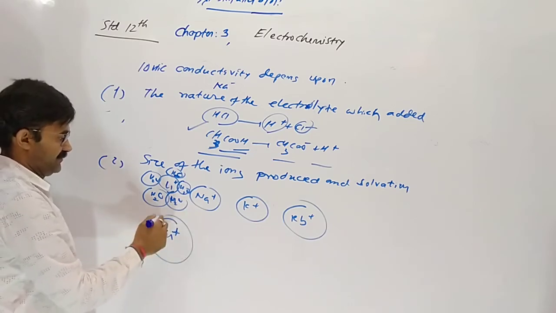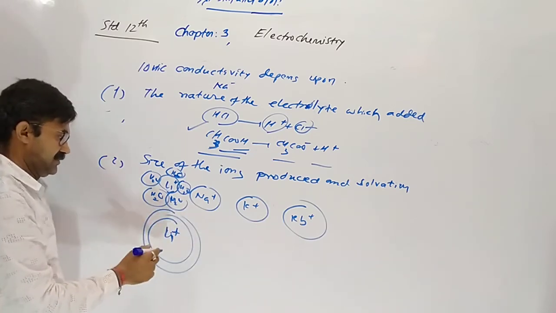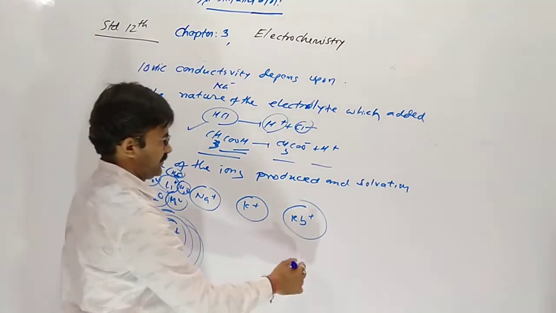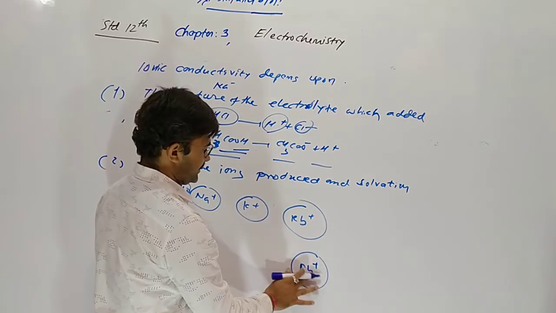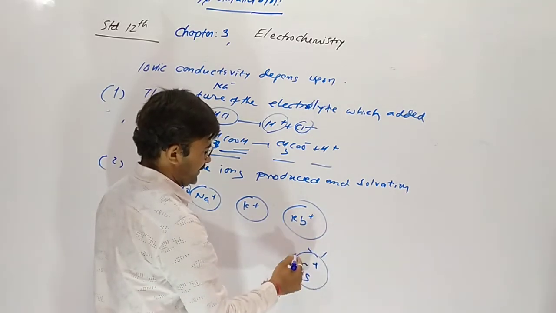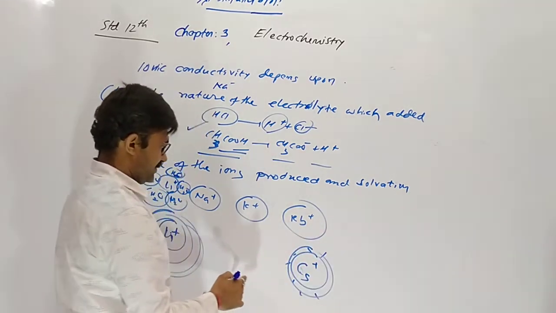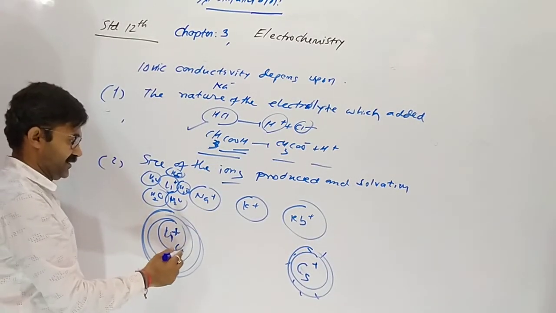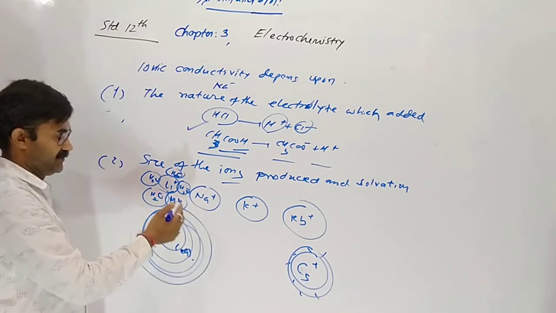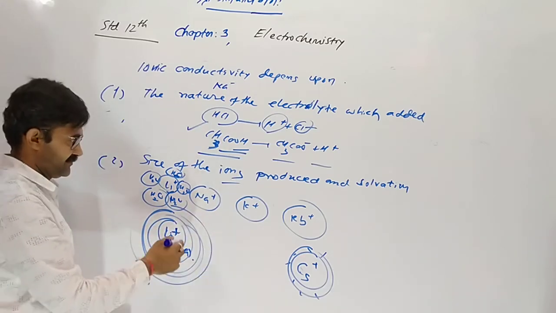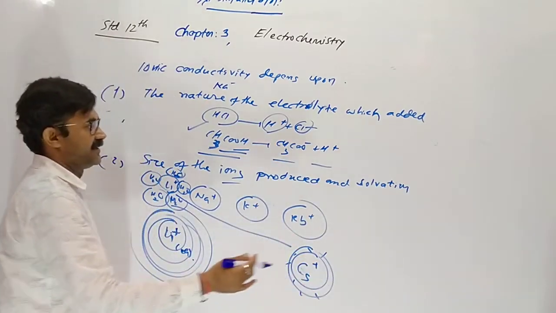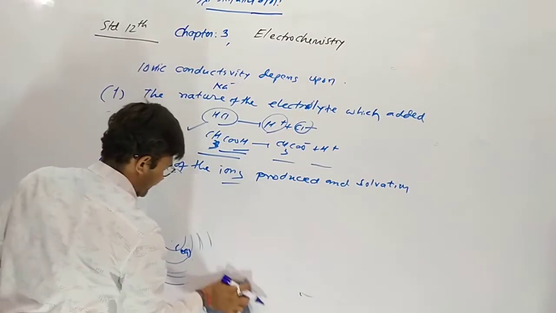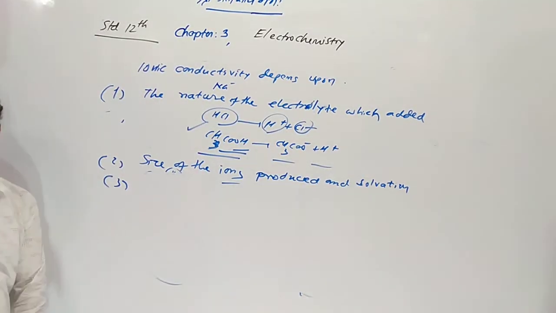So the lithium ion is actually small, but in water it becomes huge, surrounded by water particles. Rubidium and cesium are big, so they have less attraction toward water. So after ionization, when the lithium ion is present in water, it becomes huge, so conductivity is less. The bigger the ion, the more the conductivity; the smaller the ion, the less the conductivity. Yes, size.